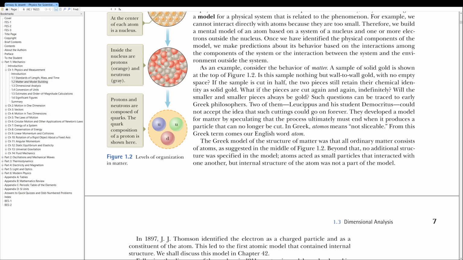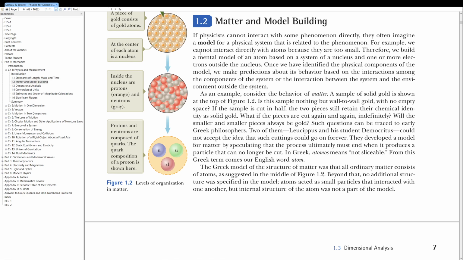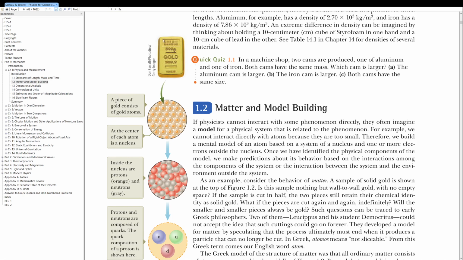And so they have this paragraph. As an example, consider the behavior of matter, right? And they show here you have a bar of gold. And what's gold made of? Well, it's made of gold atoms. It's maybe 99.99% pure or whatever it is, right? So there's probably some silver atoms or maybe something else in there, but mostly it's gold atoms, right?